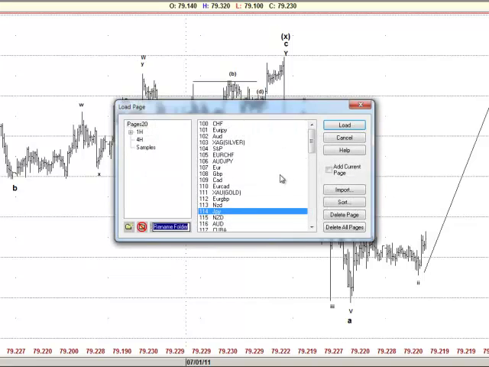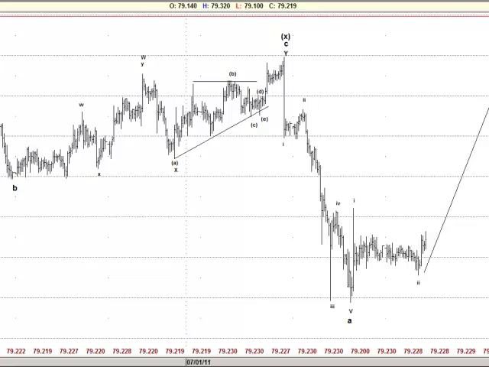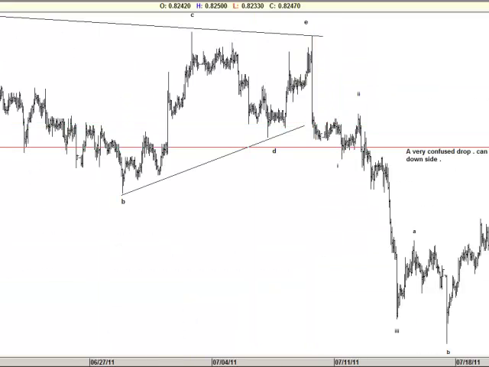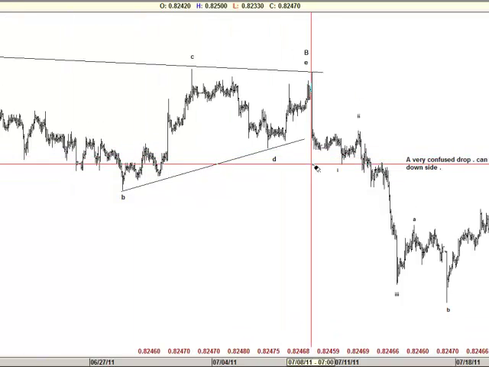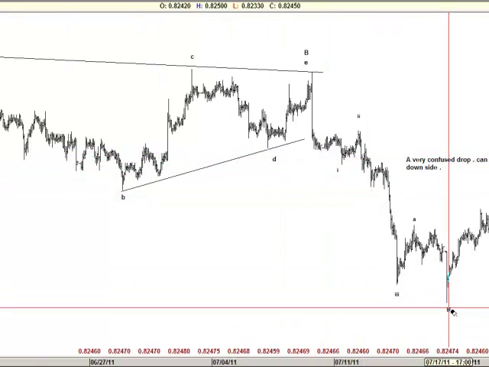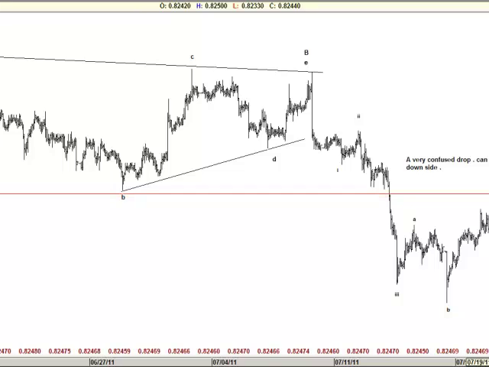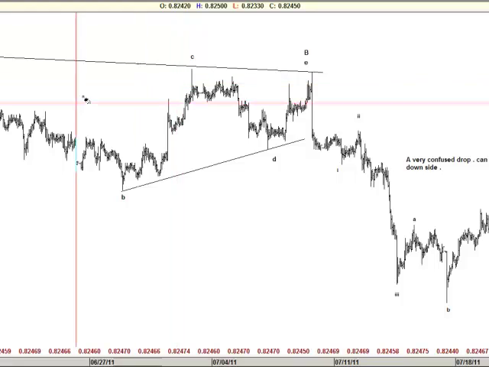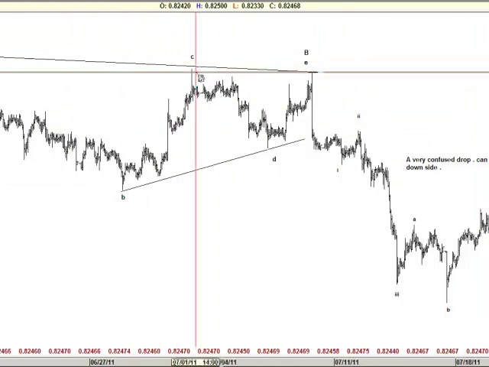And then finally, let's take a look at the dollar swiss. The dollar swiss is very intriguing, guys. Let me show you why. Look, I see a low right here, and I see a recovery already very deep. So unless this wasn't a triangle, I think that this pair is done to the downside.